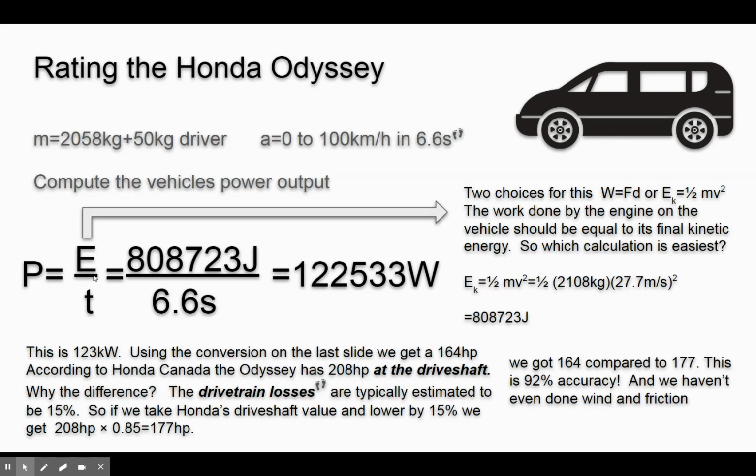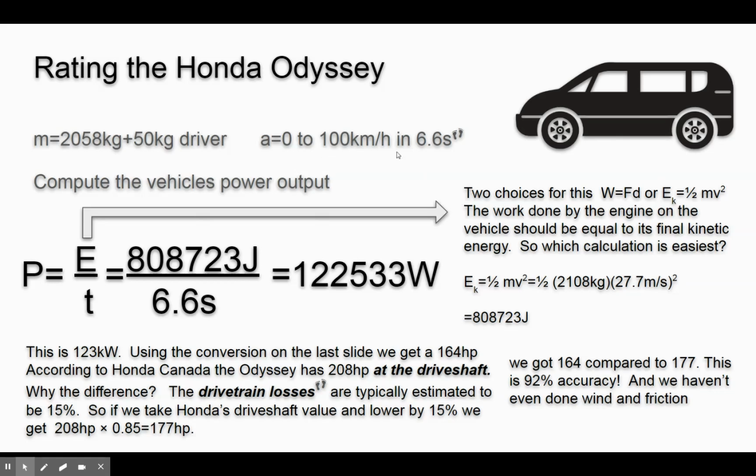So we want to compute the power output of the Honda. Well, once again, to do the power, you need the energy. To use the energy, you need one of two things. Work is force times distance, or EK equals 1/2 mv squared. Once again, there's the hard way, there's the easy way. Which way would be easiest here?